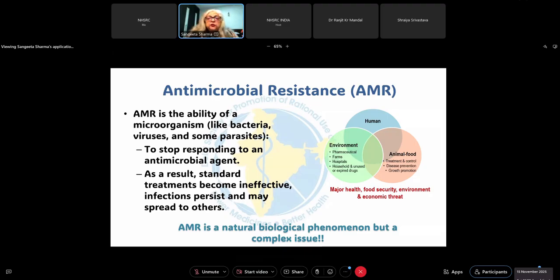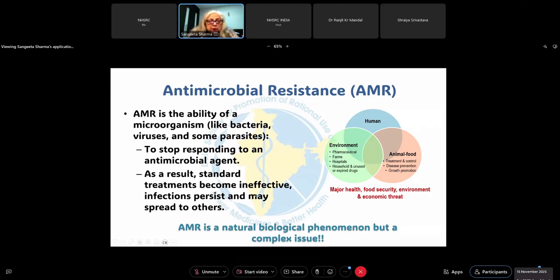So effectively it means that even in the presence of these antimicrobial agents, the pathogens multiply and keep causing harm or infection in the body. And the impact of this is that the standard treatments become ineffective. Even if you give antibiotics, the patient remains infectious.